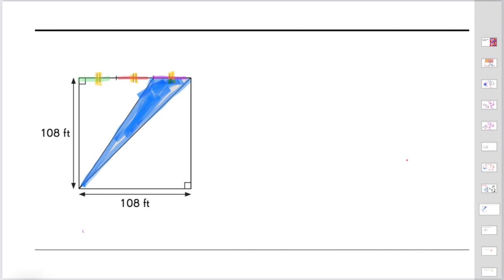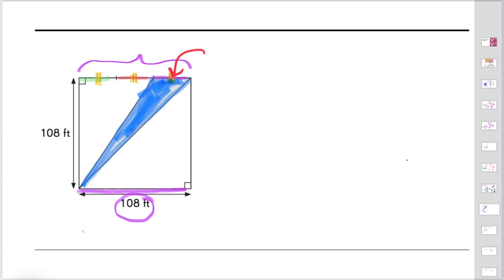I see that the opposite side of this square is 108 feet. So how can I use 108 feet knowing that its opposite side is divided into 3 equal parts? How can I use that to help me find this measurement?